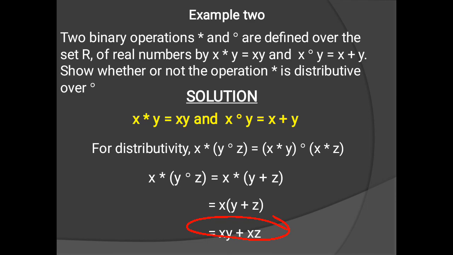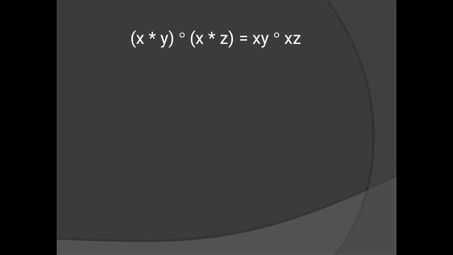Let's go back there and check. You see the star says first one times second one, so it's going to be x times y. Then the second parenthesis is going to be x times z.